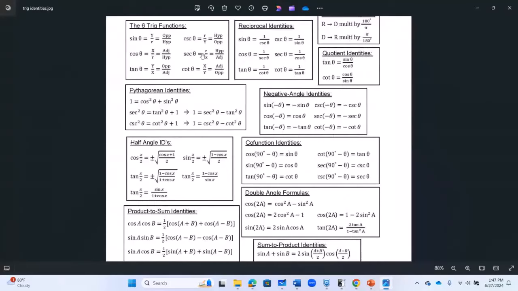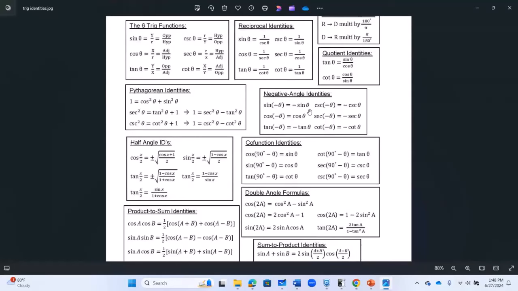We have talked about the quotient identities, cotangent and tangent. We have talked about sine and cosine and their relationship with symmetry. Okay. And we talked about cofunction identities.